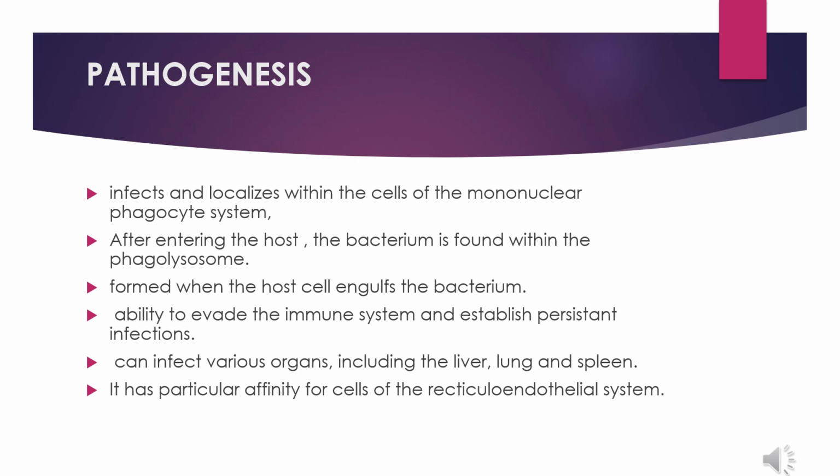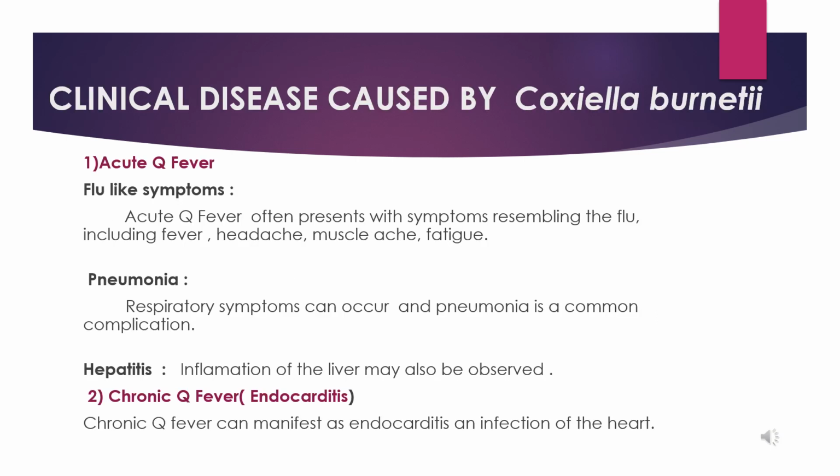It can resist the harsh condition of the phagolysosome and replicate inside it. After replication, the bacteria evade the host immune system and are capable of establishing a persistent infection. The bacterium can disseminate systemically, affecting various organs such as the liver, lungs, and spleen.